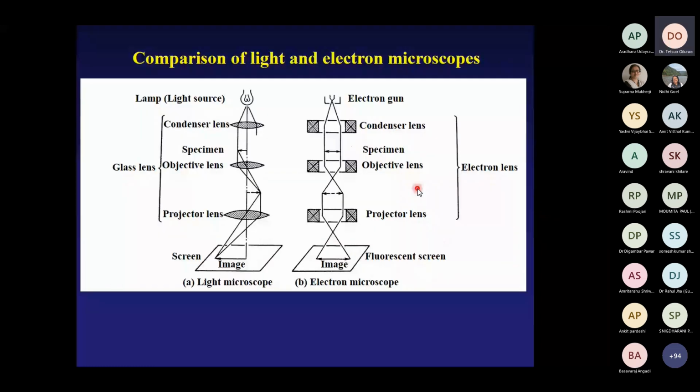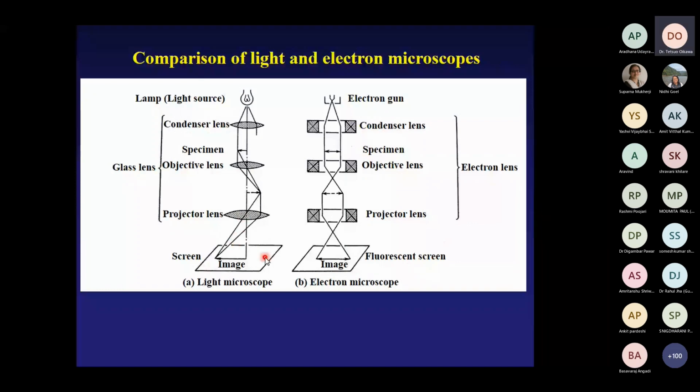Comparing the light and the electron phenomena, the left is the light microscope and the right is the electron microscope. The principle is quite similar. The source of visible light is a lamp. Light is collected by the condenser lens and illuminates the specimen. The specimen is also very thin. The transmitted image is magnified by the objective lens and also the projector lens, and the final image is projected on the screen as a visual image.